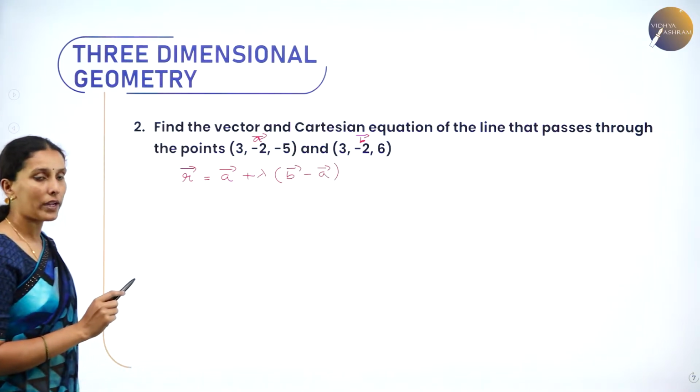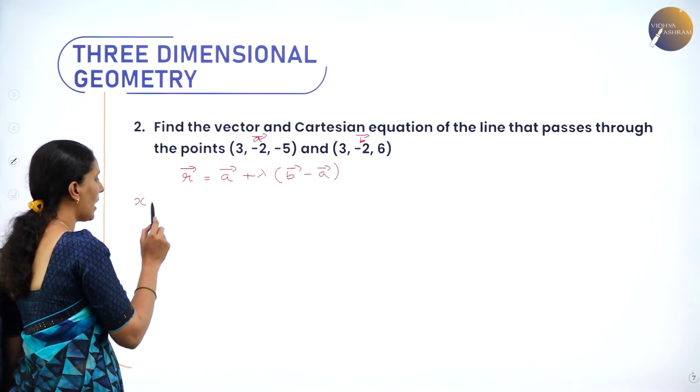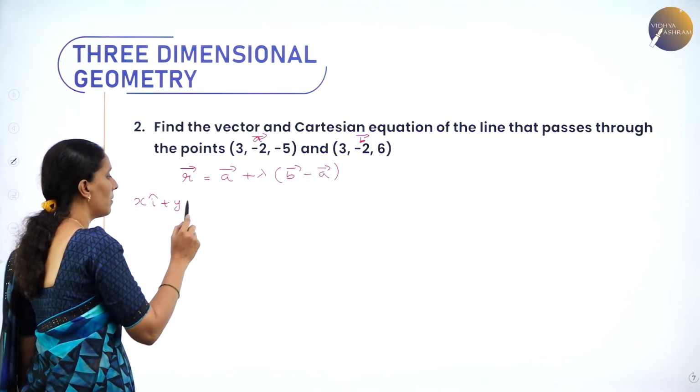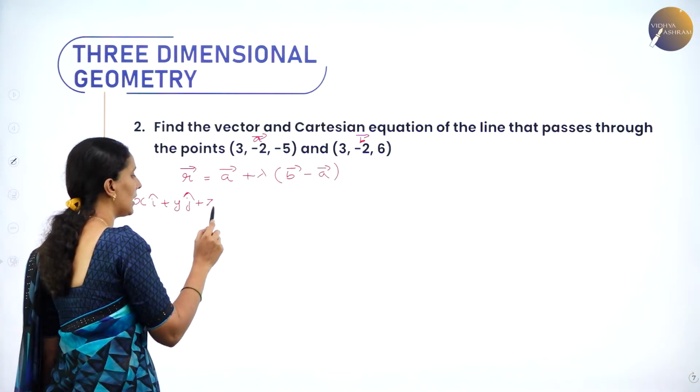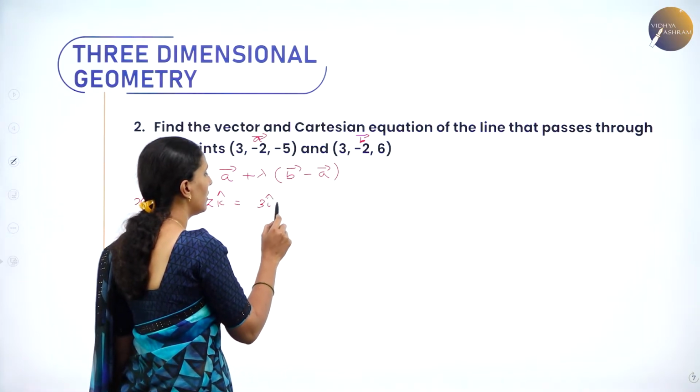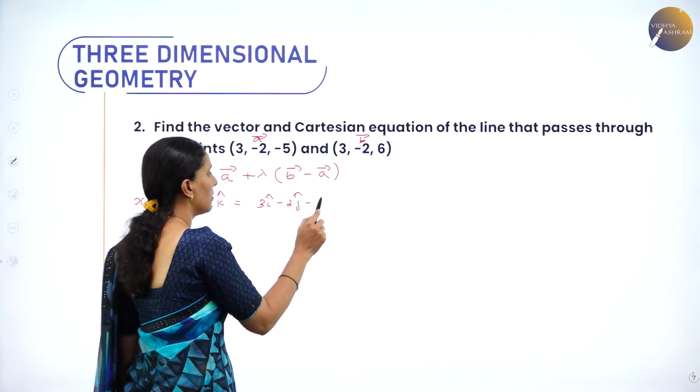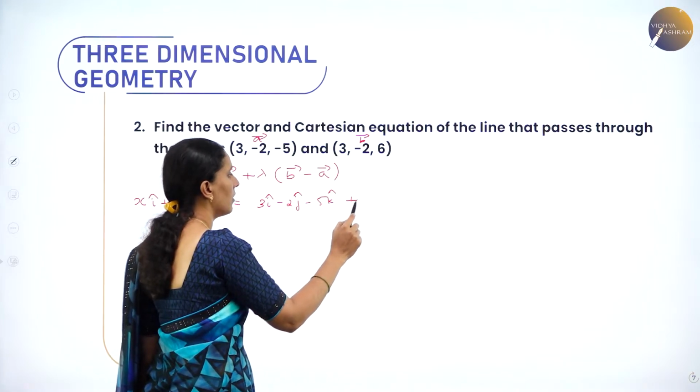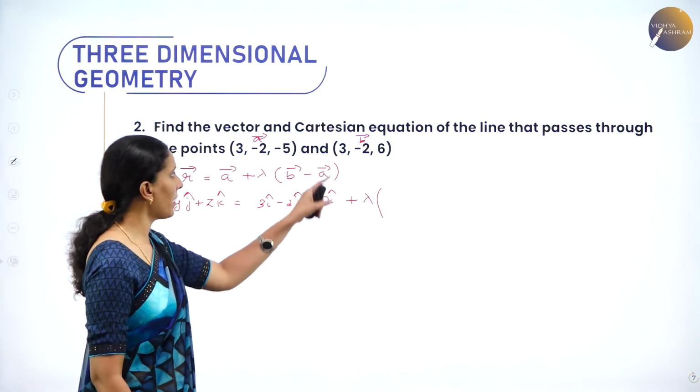So we can write vector r as xi + yj + zk is equal to vector a, which is 3i − 2j − 5k, plus lambda into (b − a).